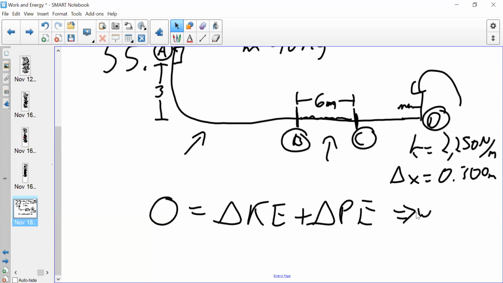This is without friction. You're looking at this problem and you're thinking 2 scenarios: conservation of energy or not. Pick the one that works for this, which is no conservation.